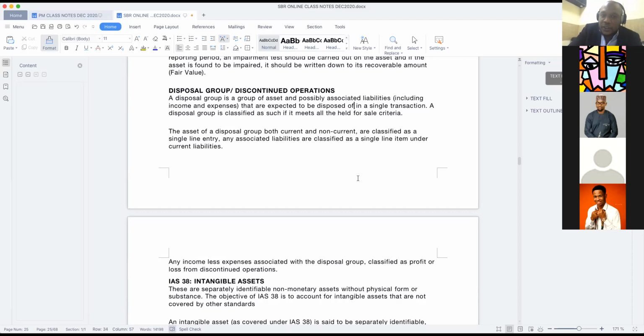A disposal group is classified as such if it meets the held for sale criteria.